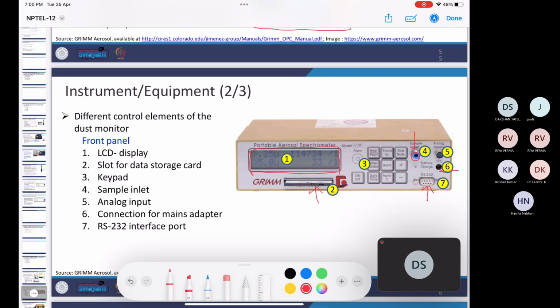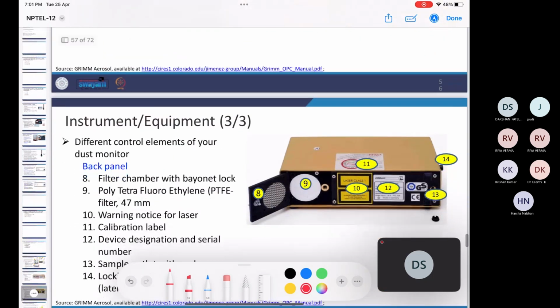So this is the interface port. This helps us to connect this spectrometer with your laptop or desktop, and with that we can transfer the data. Now for the back panel, we have this filter chamber with the bayonet lock.